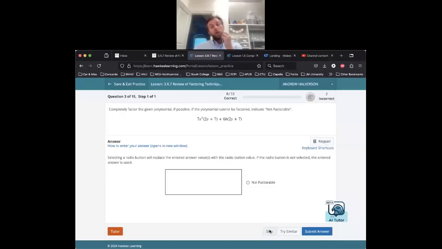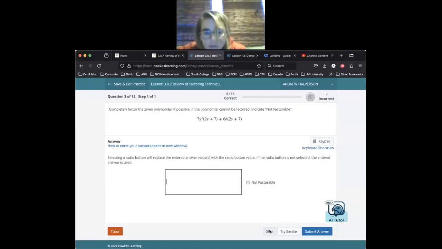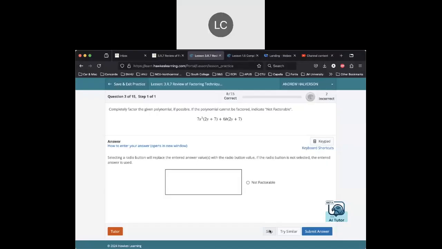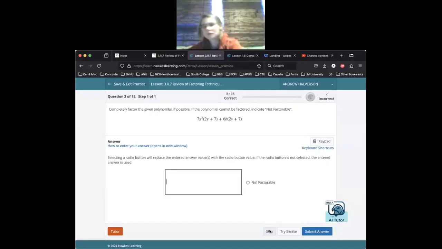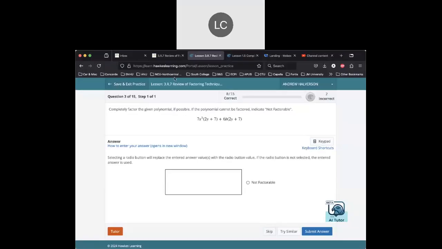When we take a look at this one, 7x to the third, parentheses 2y plus 7, plus 6b, parentheses 2y plus 7. What's the approach here? Just put the 7x to the third plus the 6b in a pair of parentheses on their own, I'm going to guess, especially since the two other binomials are the same.